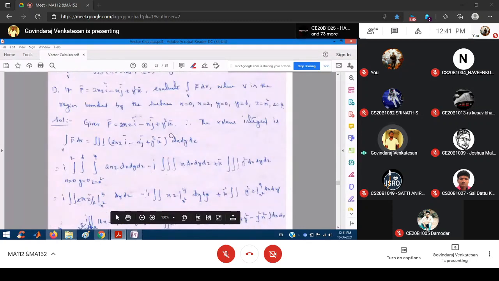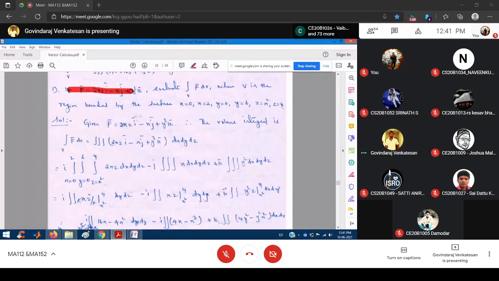Okay, I have one problem given. The vector f is given. Evaluate the integral of vector f over the volume V, where the volume V is the region bounded by the surfaces x equal to 0 and x equal to 2, y equal to 0 and y equal to 6, and z equal to x square and z equal to 4.